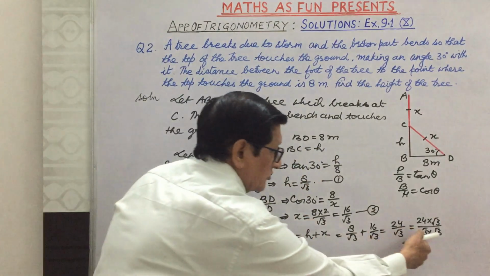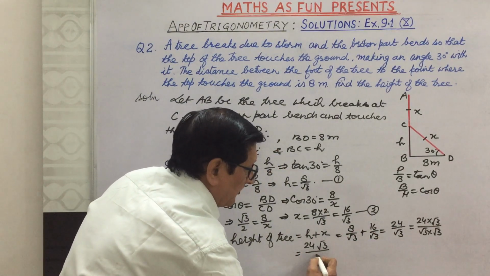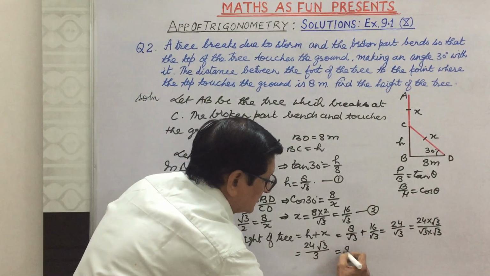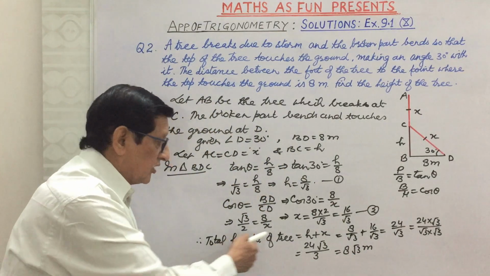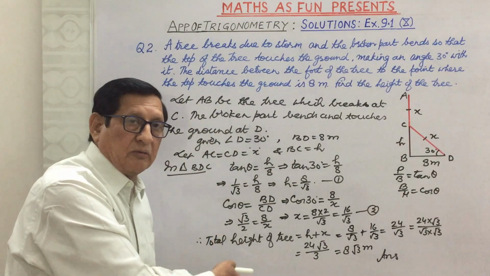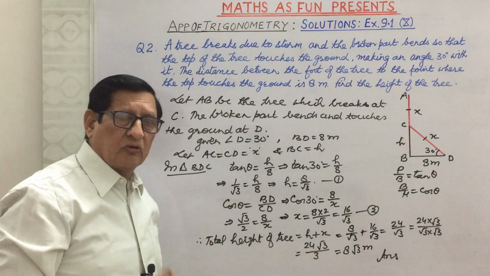We know root 3 into root 3 is 3. So this will be 24 root 3 upon 3. 3 cancels 24, 8 times. So this becomes 8 root 3 meters. So we have got the total height of the tree is 8 root 3 meter, which is the complete solution of this particular problem, and this is the answer to this.